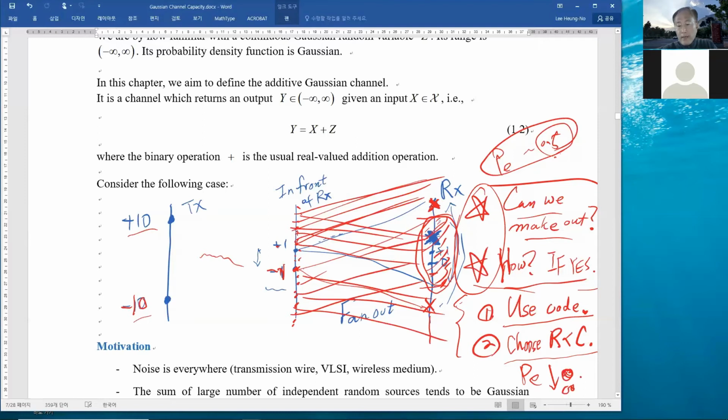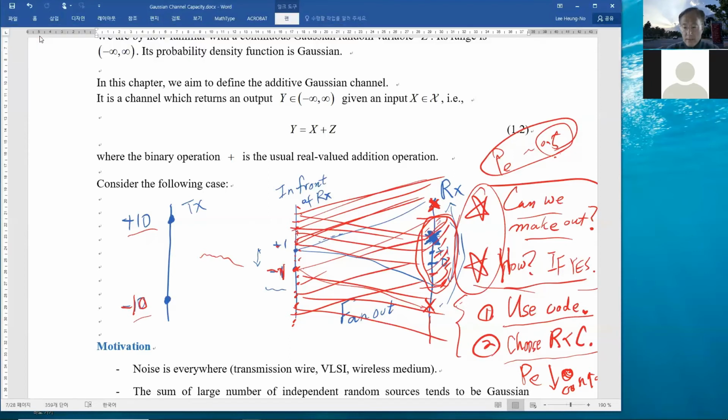As n goes to infinity. What is n? The length of the code word. Okay. So that's the idea. So use a code and choose a rate of the code smaller than or equal to the capacity. Okay. So that's the key idea.